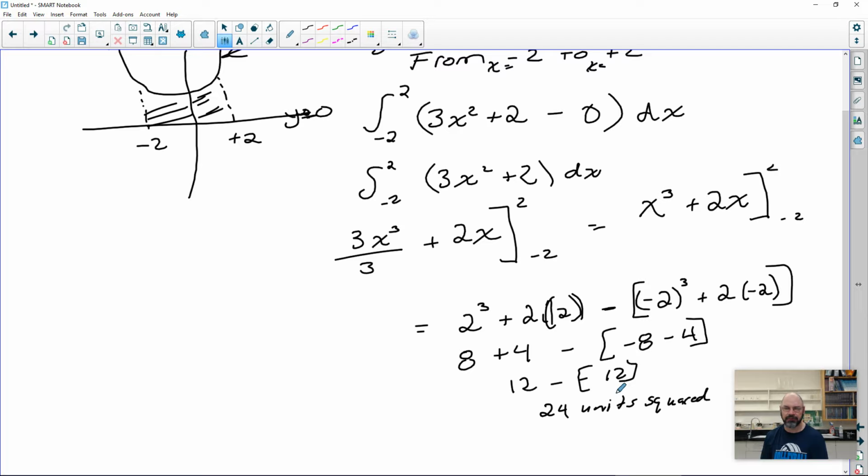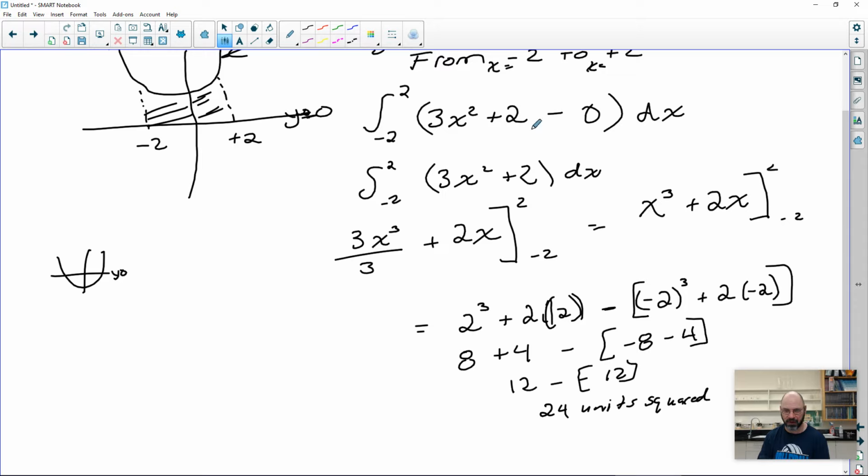Okay, so there's an example of when you have two endpoints and the x-axis and the curve above. Sometimes the curve might be below, so then you'd start with 0 minus the curve. If you had one like this, y equals 0 would be your upper limit.